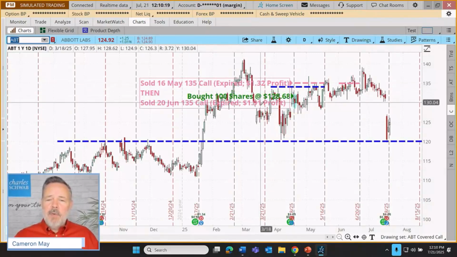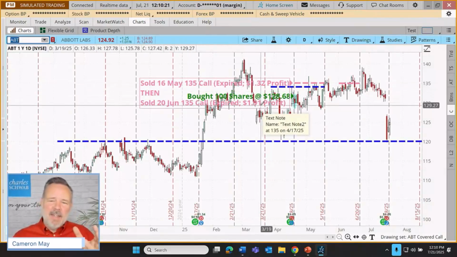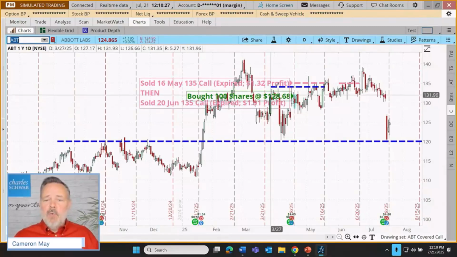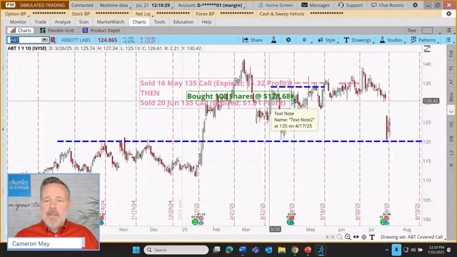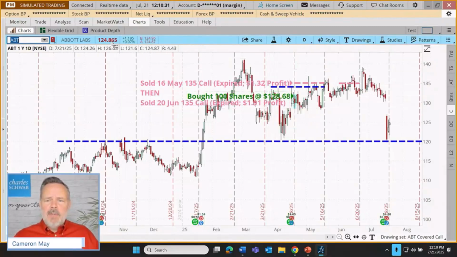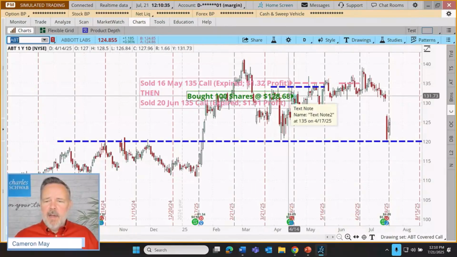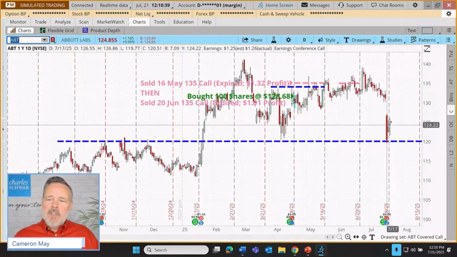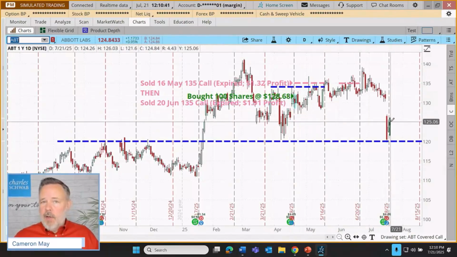So between those two, we're about $3.22 or $3.23 of now realized gain on our options. And with the stock now trading about $4 below what we paid for it, not quite, about $3.80, we're slightly underwater overall on this position.